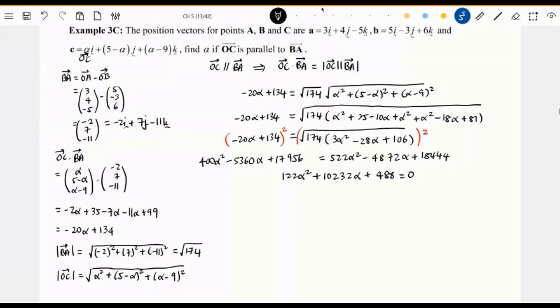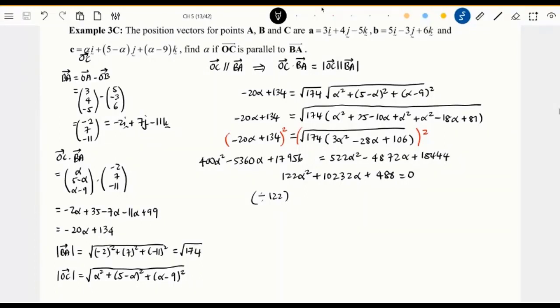Clear, miss. Okay, so before we factorize, kita try dulu boleh tak bahagikan dengan 122? Boleh tak bahagi? Kalau bahagi dapat apa? Can we factorize the 122? Cannot, jadi perpuluhan.